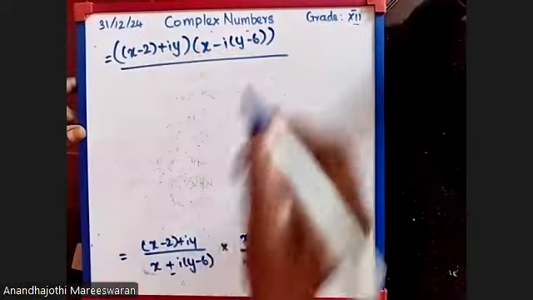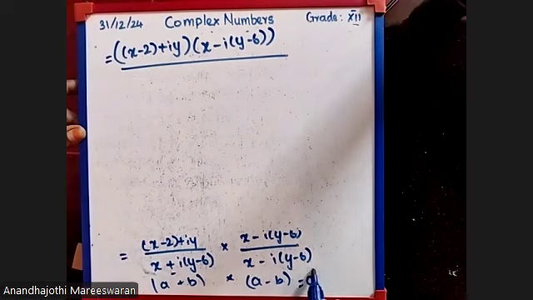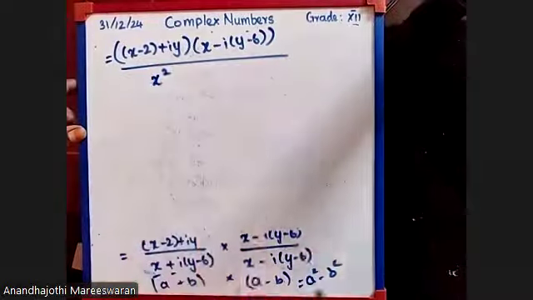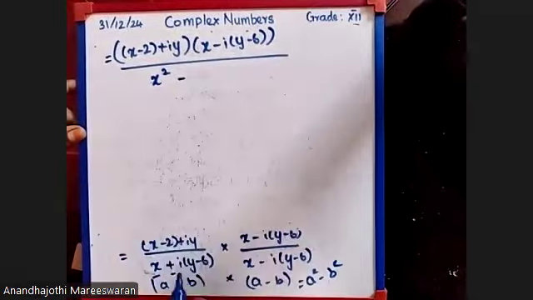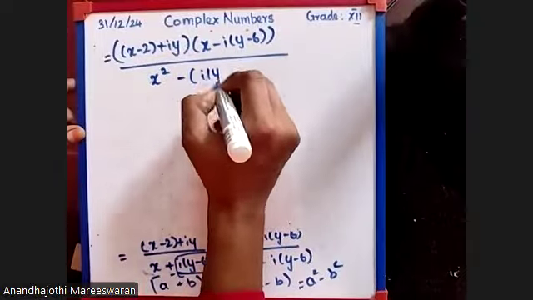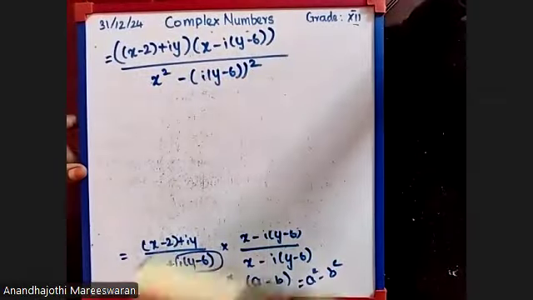In the denominator, it is like a plus b multiplied by a minus b, so the output will be a squared minus b squared. Who is in the place of a? x. So x squared minus, who is in the place of b? The entire term, i into y minus 6, the whole square.